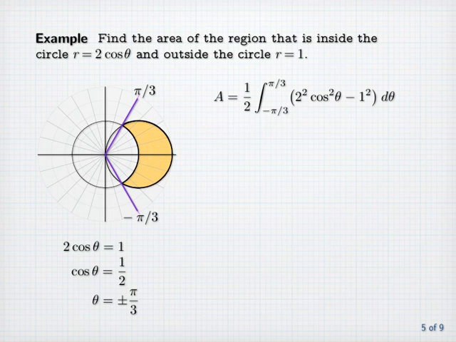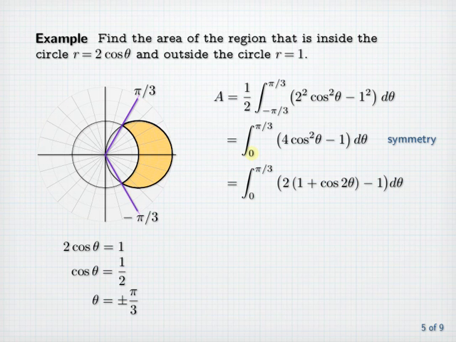By symmetry, the integral here equals 2 times the integral from 0 to pi over 3, so the area will equal the integral from 0 to pi over 3 of 4 cosine squared theta minus 1 d theta. Now let's rewrite cosine squared theta as 1/2 of 1 plus cosine of 2 theta, and simplify.